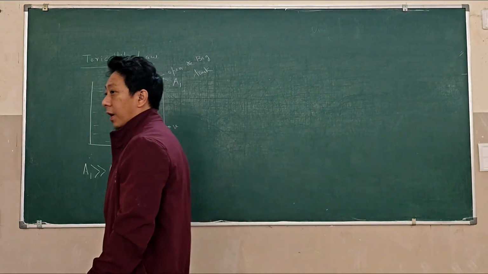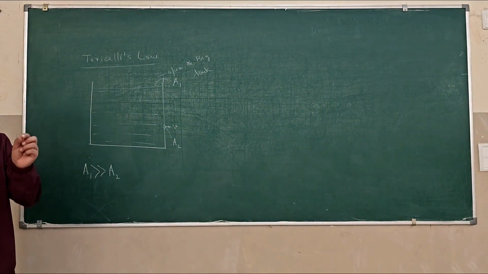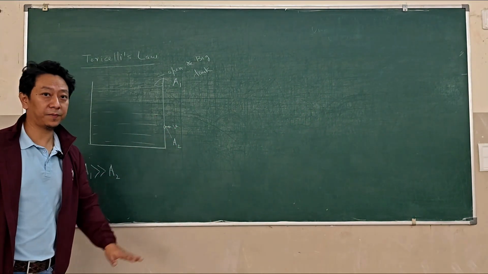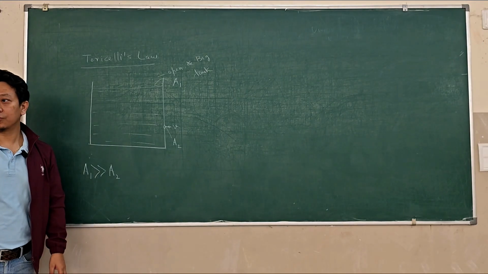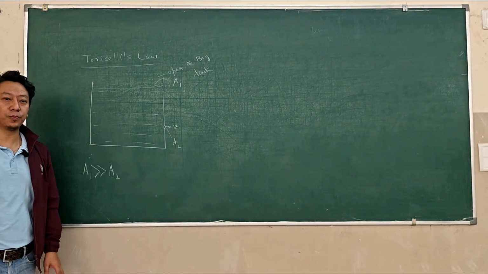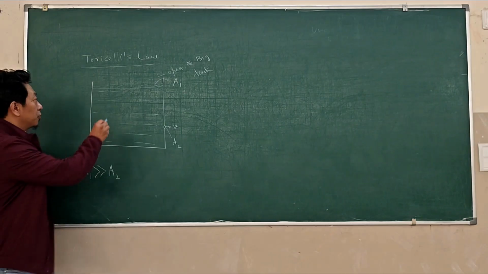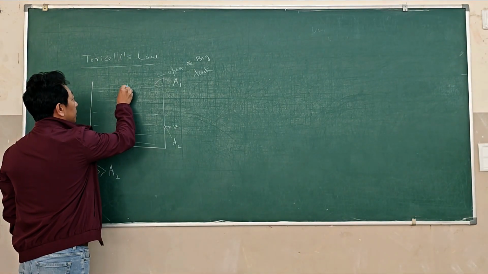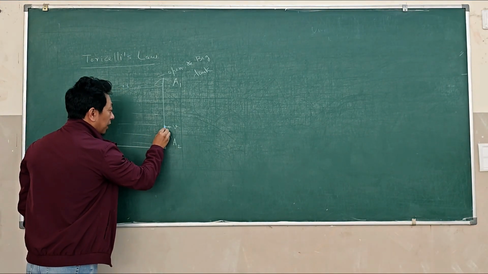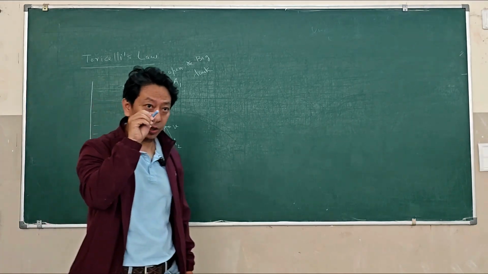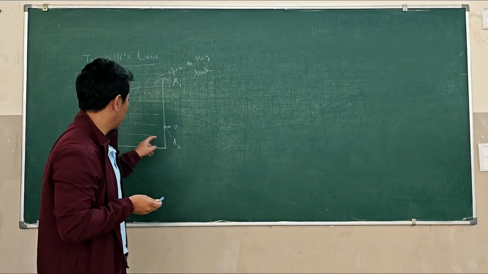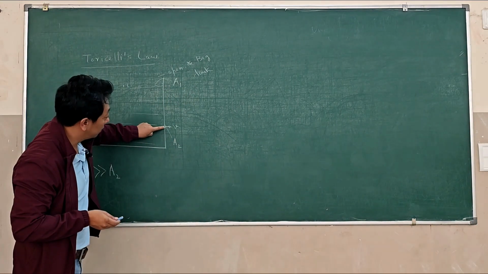So we will apply Bernoulli's principle between 2 points in this liquid. Which 2 points can I choose? Any 2 points in the fluid. Let me choose 1 point here, just outside but on the liquid. You have to choose on the liquid but outside. Not here, here.